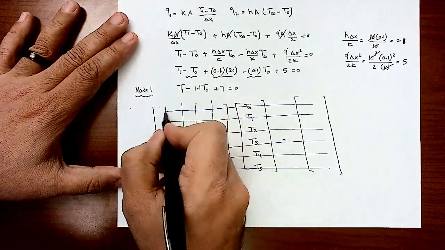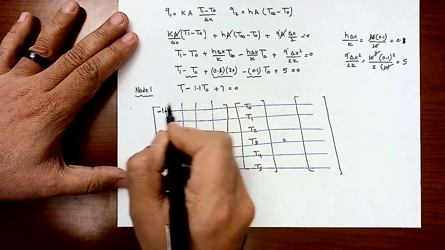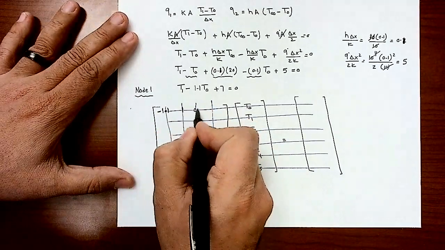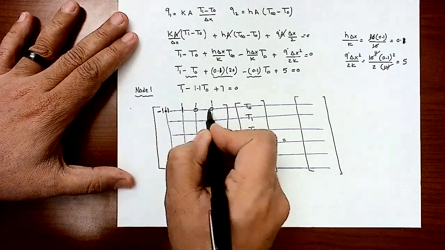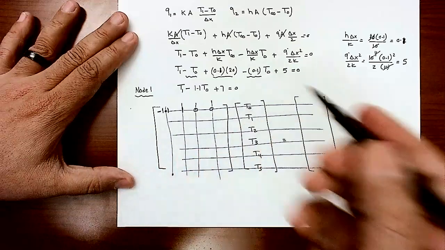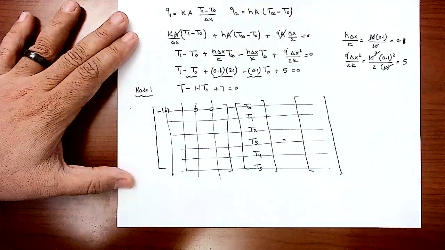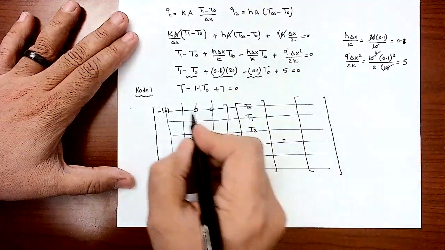So I have 1.1 minus, then I have 1, 0, 0, 0, that's T node, T1, T2, T3. Oh, I'm still missing more than that. Okay, let's give it some space.